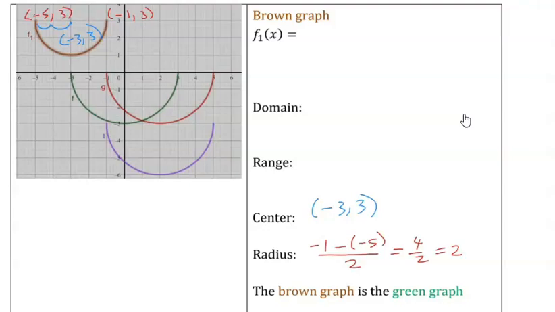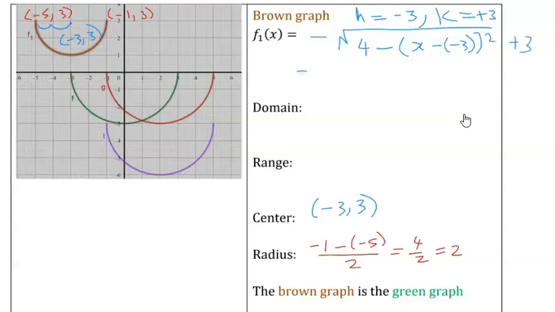I can write down then my h is equal to minus 3, my k is equal to plus 3, and then my equation is y equal to negative square root of, I've got a radius of 2, so 2 squared is 4 minus x minus minus 3 squared, plus 3. So that gives me minus square root of 4 minus x plus 3 squared, plus 3.